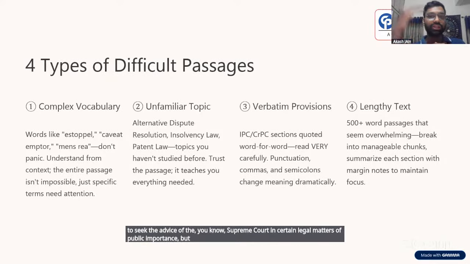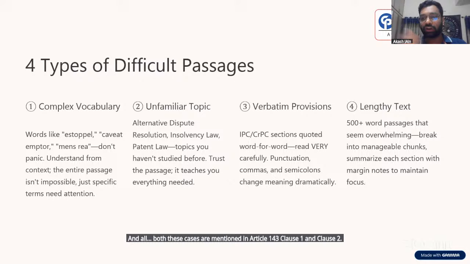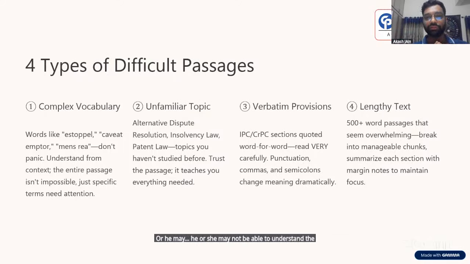But there are two cases in which the president can seek the advice, and both are mentioned in Article 143, Clause 1 and Clause 2. On a bare reading, a layman would not be able to make a difference between these two conditions, or may not be able to understand the meaning of Article 143. So whenever a legal provision is cited verbatim, the passage becomes slightly difficult to deal with.